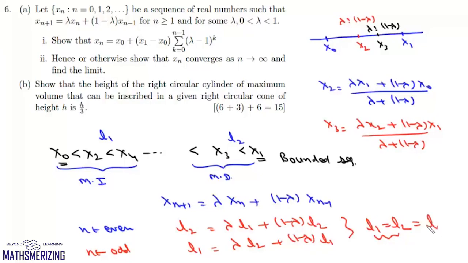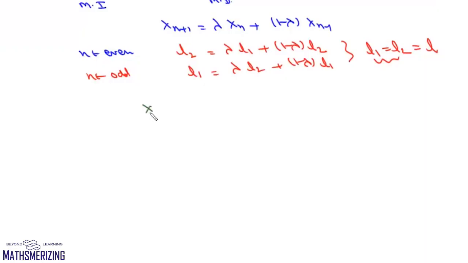Now we need to find this limit. Now we are given that xn equals x0 plus (x1 minus x0) times the summation, k varies from 0 to n minus 1, of (lambda minus 1) to the power k. Now we'll take the limit n tends to infinity.